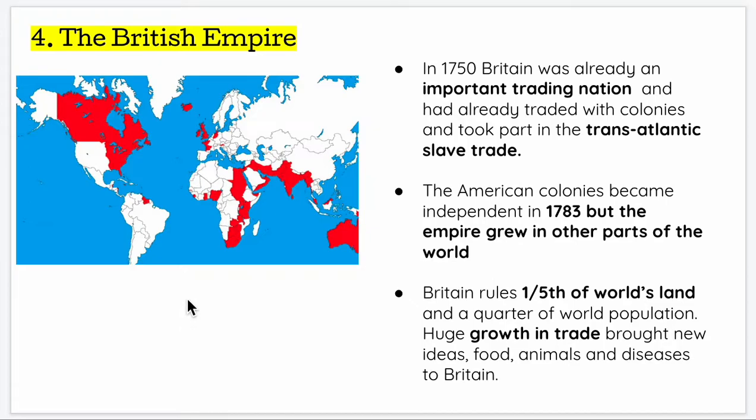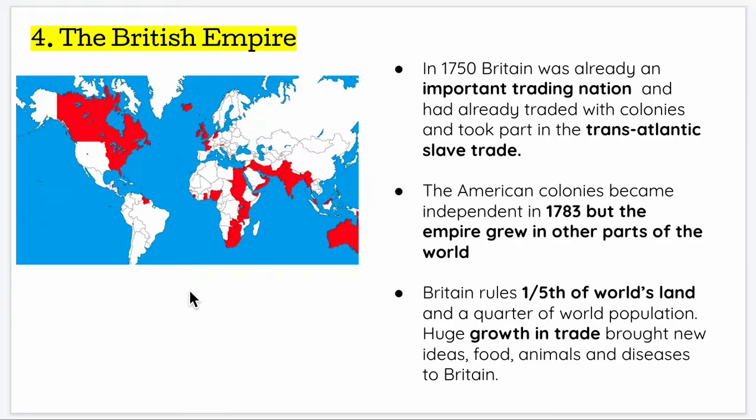The map shows the extent of the British Empire in 1886. By the end of the 19th century, much of Africa was also under British control. In 1900, Britain ruled 1/5 of the world's land and 1/4 of the world's population.